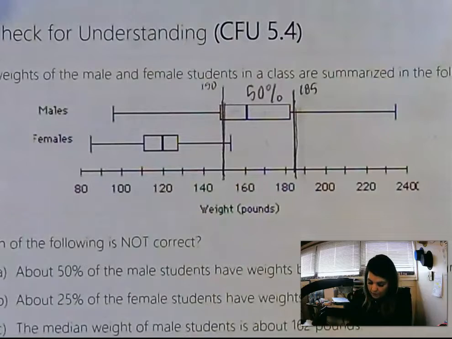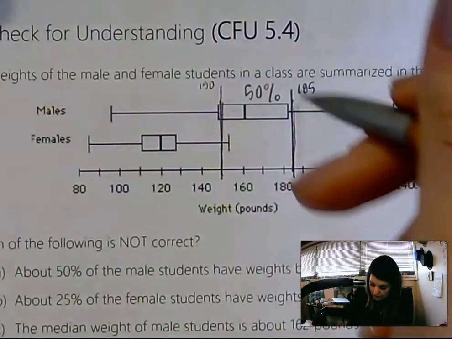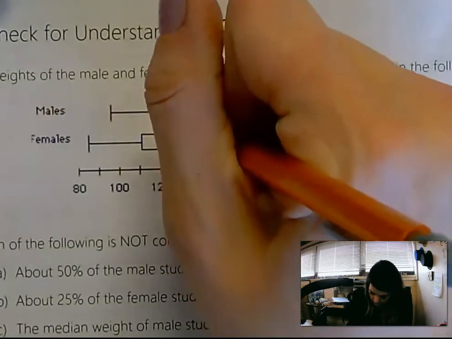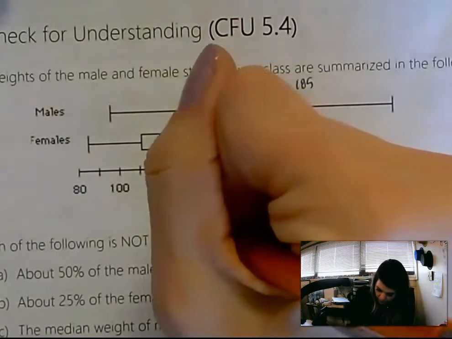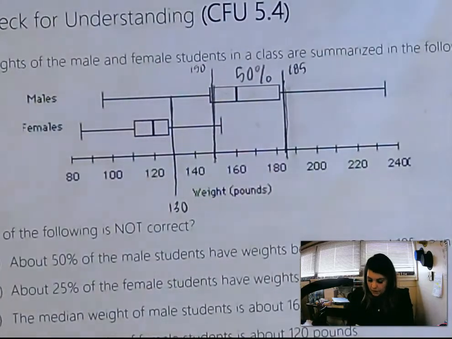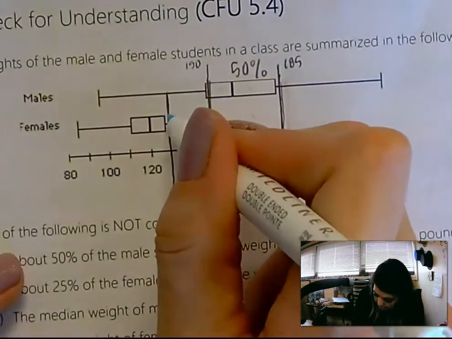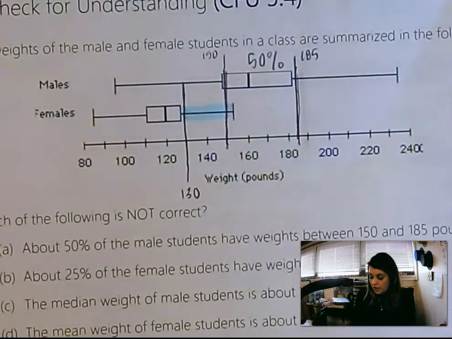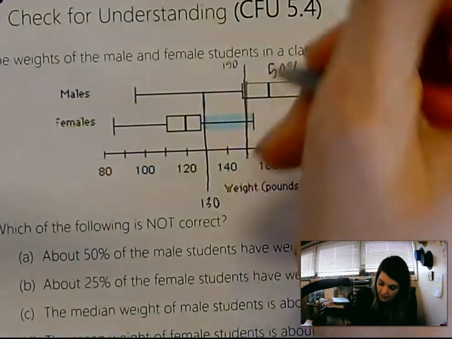About 25% of the female students have weights above 130. So I'm going to go to 130. This is 130. The females are that whisker, which is 25% of the data.